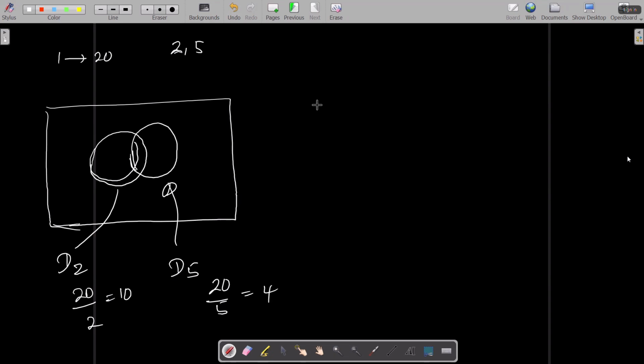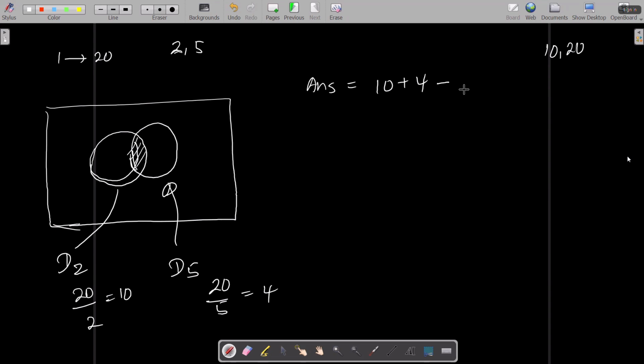So now if we find the number of distinct integers which are divisible by either 2 or 5, let's say the answer. If we add these two, what happens? How about a number like 10 and 20? It is added twice, because here we have 10 and 20, and here also we have 10 and 20. It is because those two are in this intersection.